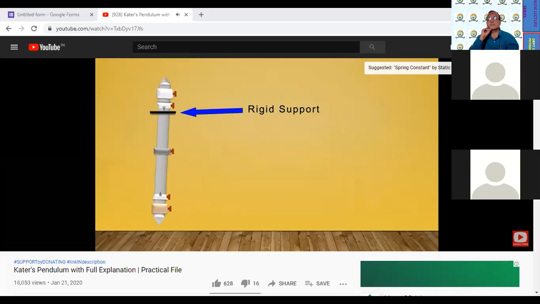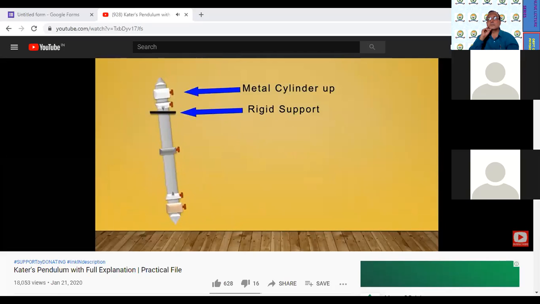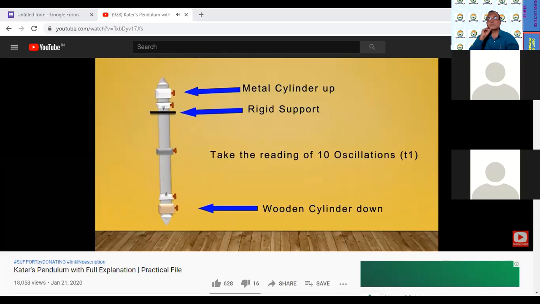Now you can hang this Kater's pendulum on a rigid support and observe the time for 10 oscillations. So first of all, keep the metal cylinder upside and wooden cylinder downside and take the reading of 10 oscillations. Call it T1.